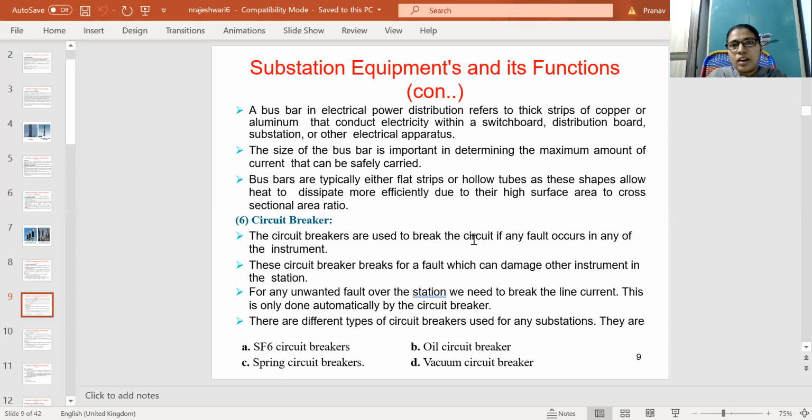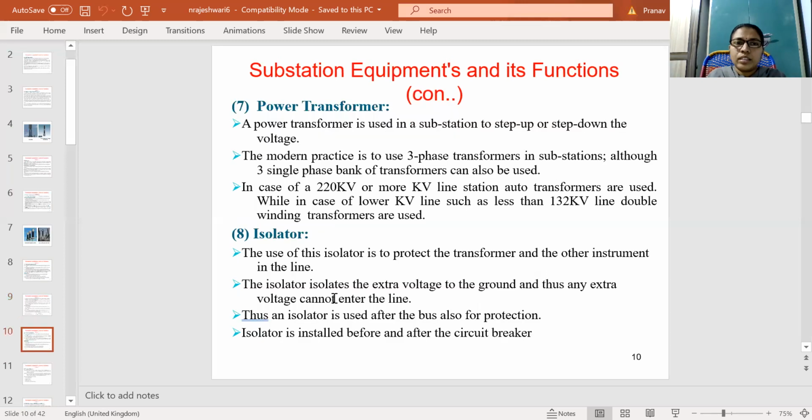After the fault is eliminated or extinguished, the circuit breaker makes the circuit again. So this is the working of the circuit breaker.